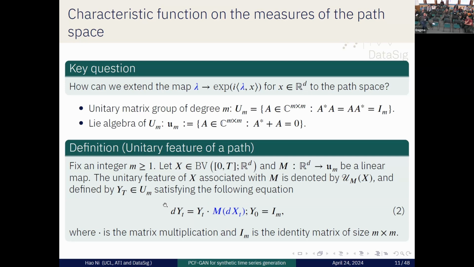It's easy to see that the solution Y_t lives on the unitary group UM, because the right hand side of this linear control equation is actually within the tangent space of the unitary group at the reference point Y_t.